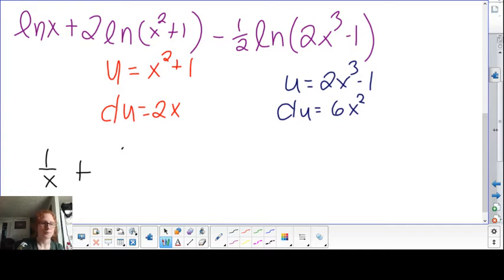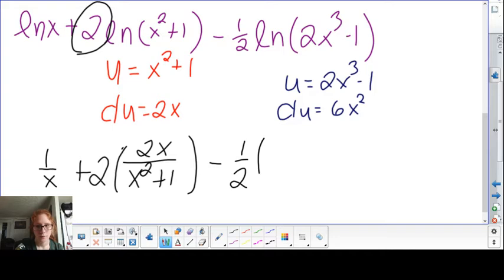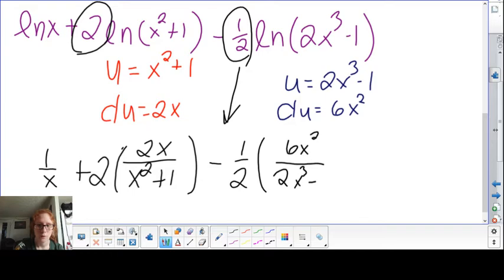Let me rewind. My coefficient needs to come down as well. So we have 2 times 2x over x squared plus 1. Because my derivative goes on top, the inside piece goes on the bottom. Minus 1/2, because again, the coefficient of 1/2 comes down. The derivative on top, which is the 6x squared, over 2x cubed minus 1.